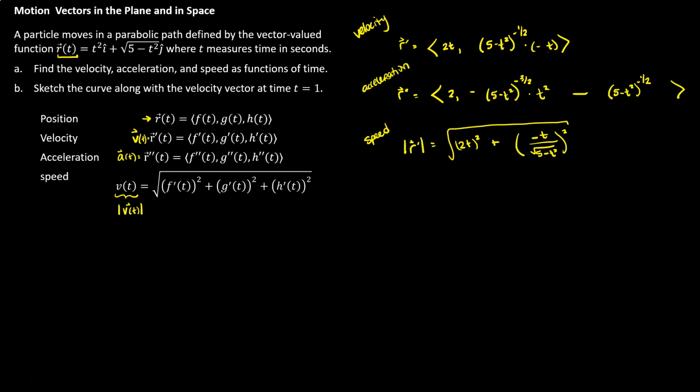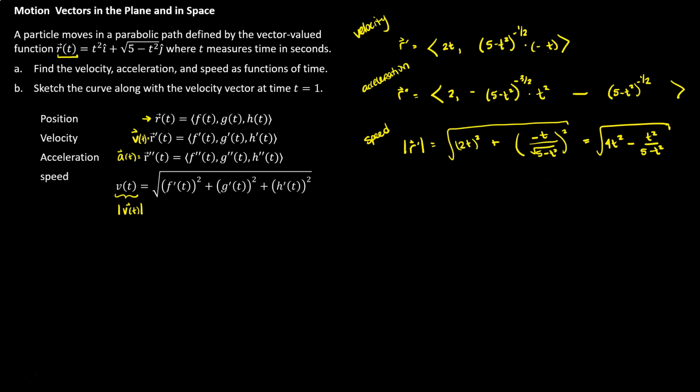I won't go through the messy algebra of it, but this will clean up. And let's just leave it written like this. It doesn't get much nicer than that, so we'll just leave it that way. So we did part A. We found velocity, acceleration, and speed, each as a function of time.